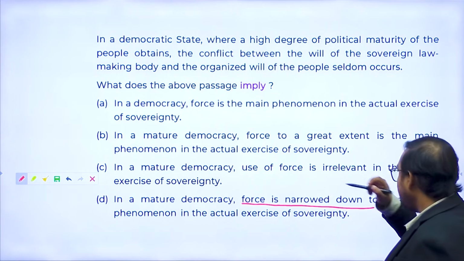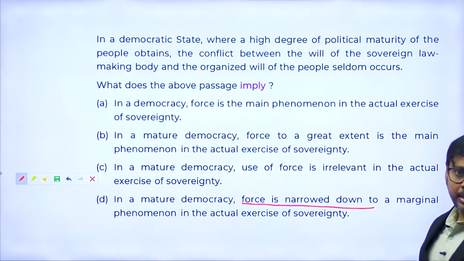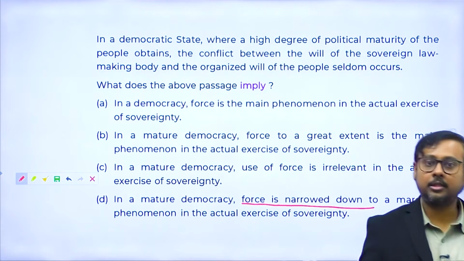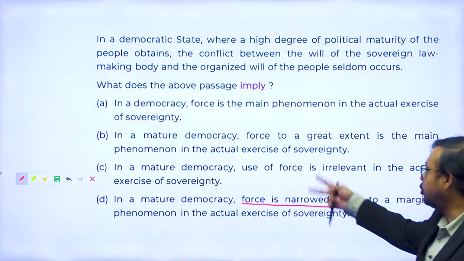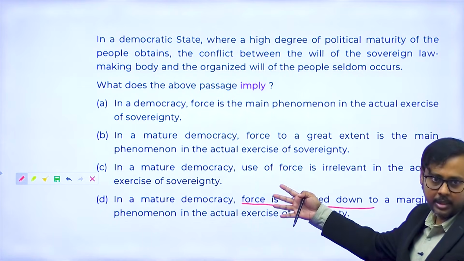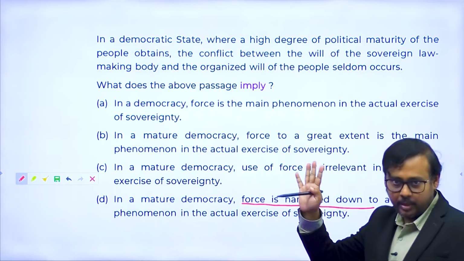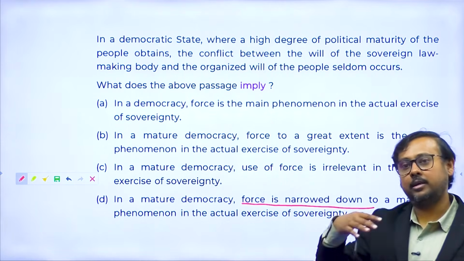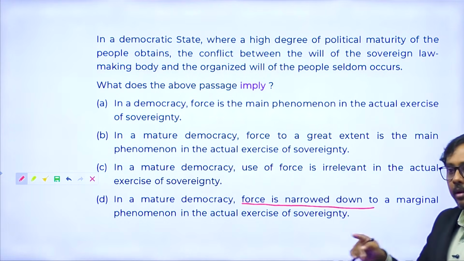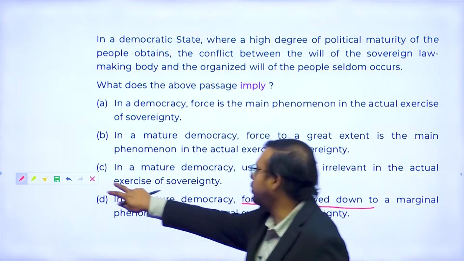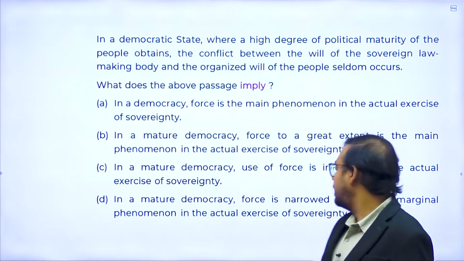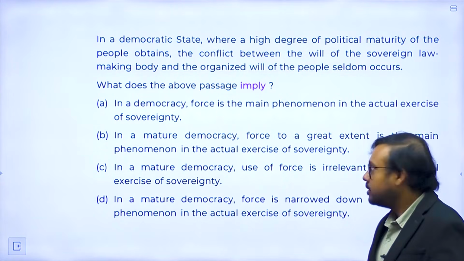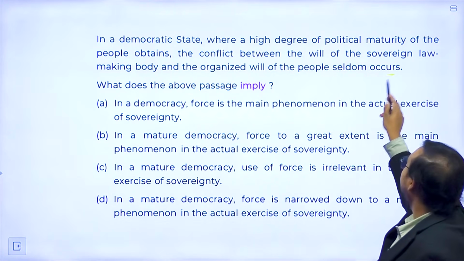Here in all 4 options there is force, that is true. But you will also find implied questions where 2 options mention force and 2 do not. You will not eliminate the force options just because force is coming from outside. No. Okay, we'll move on to the next question. In a mature democracy, use of force is irrelevant in the actual exercise of sovereignty.